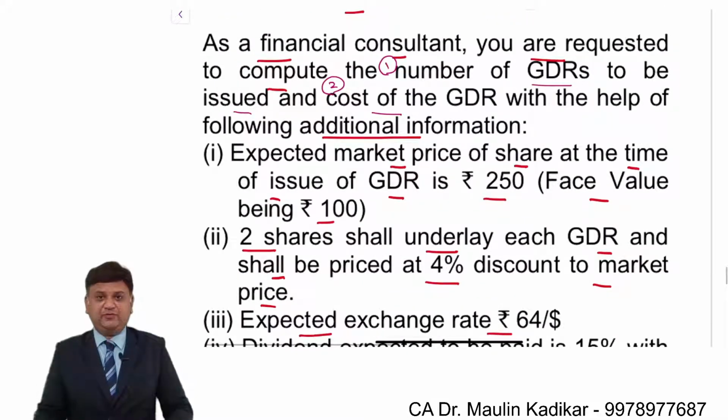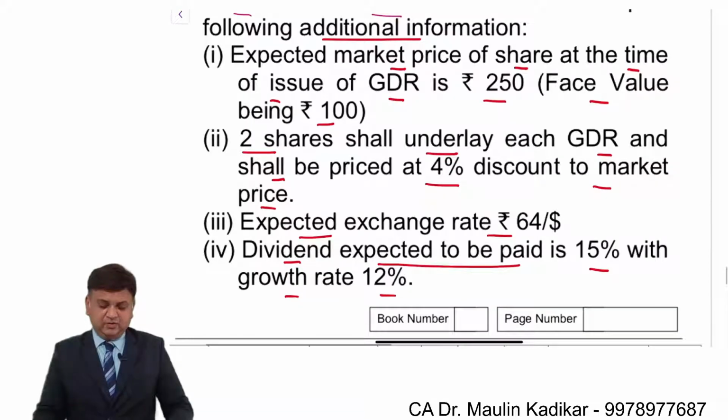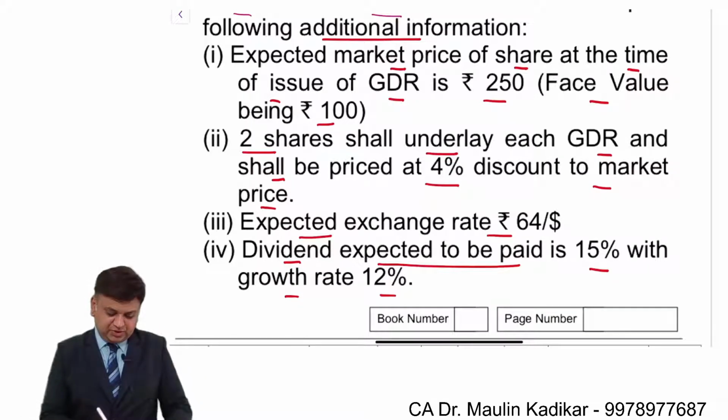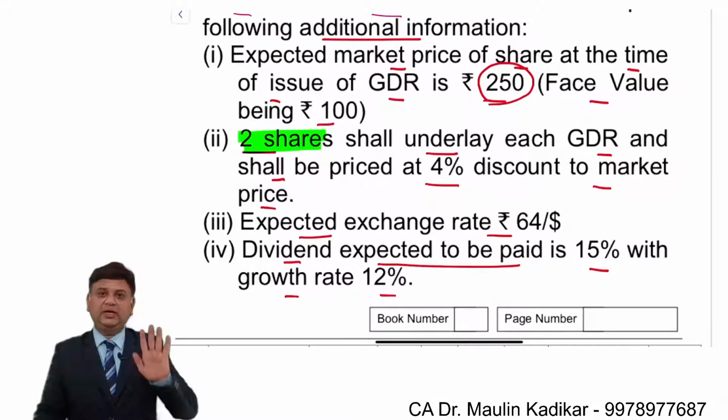As per the information given, 1 GDR is equal to 2 equity shares. So the price of 1 GDR is 250 into 2, that is 500 rupees in the domestic market.